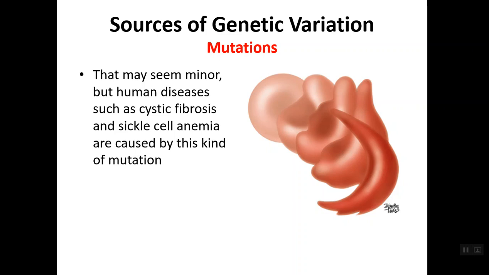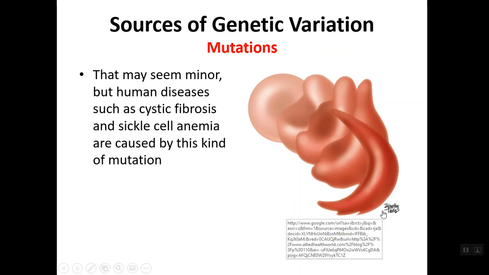Only one letter in that long word, and you end up with dramatic changes. If you happen to inherit this mutation from both mom and dad, so you are homozygous, you cannot survive further than a couple of years of age, so far. And I think they are making a lot of progress in gene editing for people that carry this trait, this mutation for sickle cell anemia.